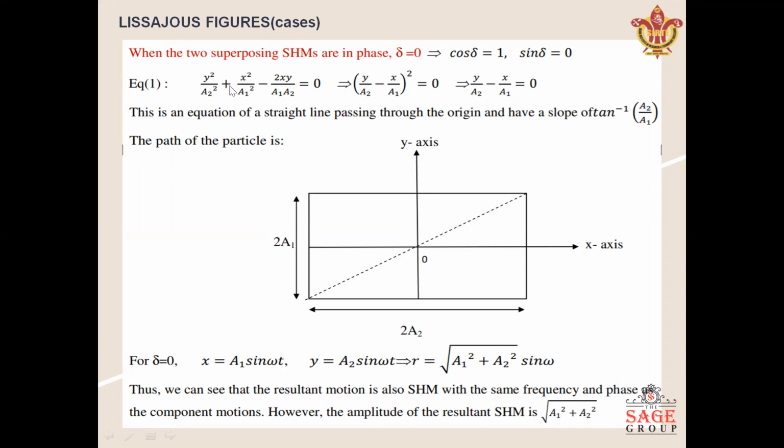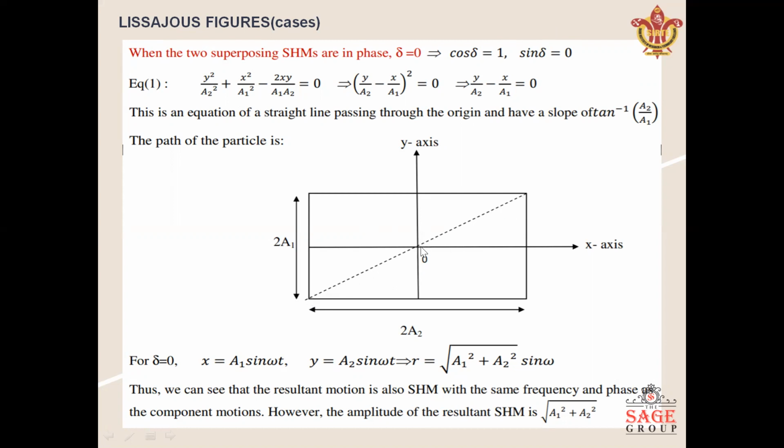So we get y upon a2 minus x upon a1 whole square equal to 0, or y upon a2 minus x upon a1 is equal to 0. This is the equation of a straight line passing through the origin with a slope of tan inverse a2 upon a1. So we can plot the graph like this, and this line is passing through the origin.